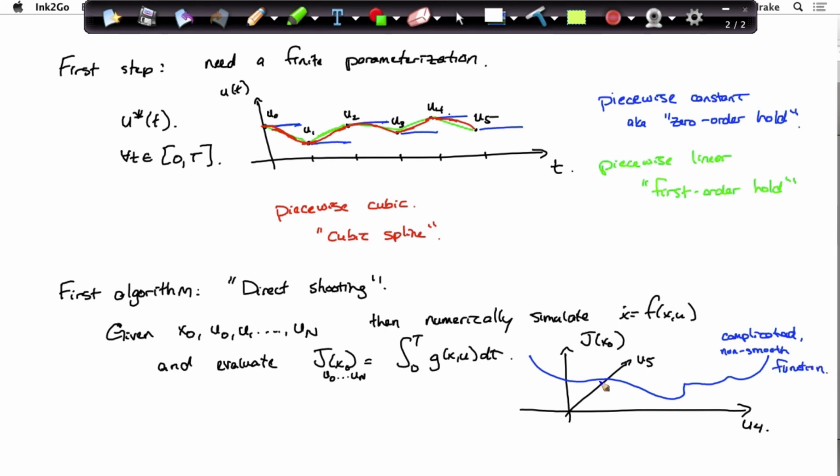And again, if I had to look at every possible value of J everywhere for every possible u, that's only going to work if I have a small number of u's. But what I'm doing by simulating is looking at a particular u. So right now, let's say my initial guess is this particular u.